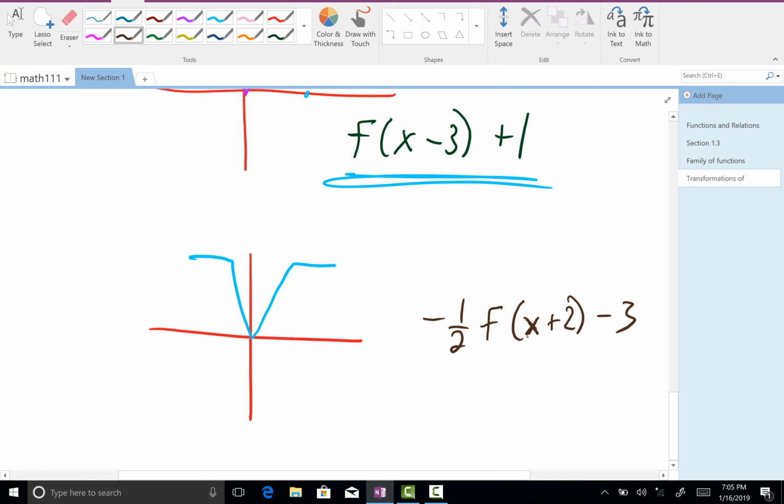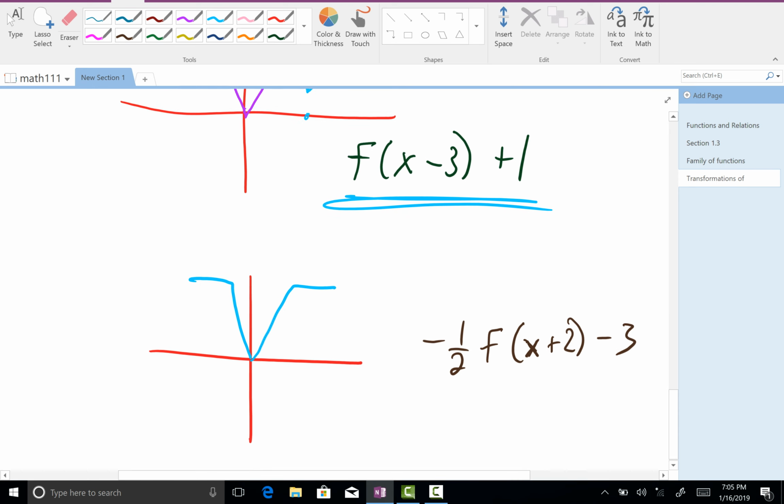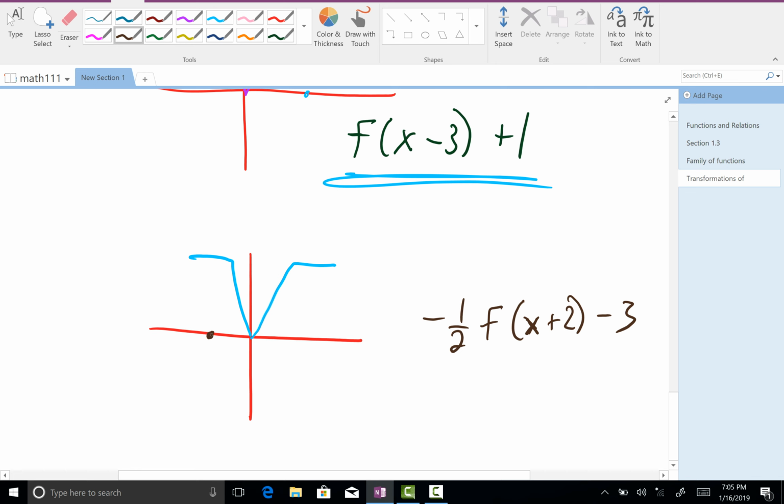All right. So what are we going to do first with this? Parentheses, so we're going to shift it 2 units which way? Left. Okay, I don't know where that is. I'm just going to take a guess, say right here. Then what? We've got to reflect it. Which axis?